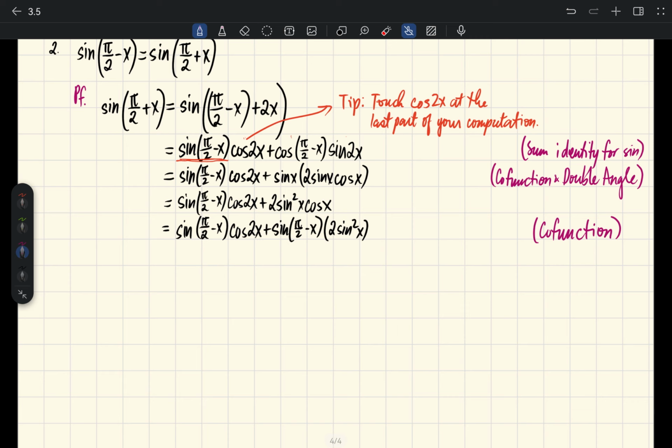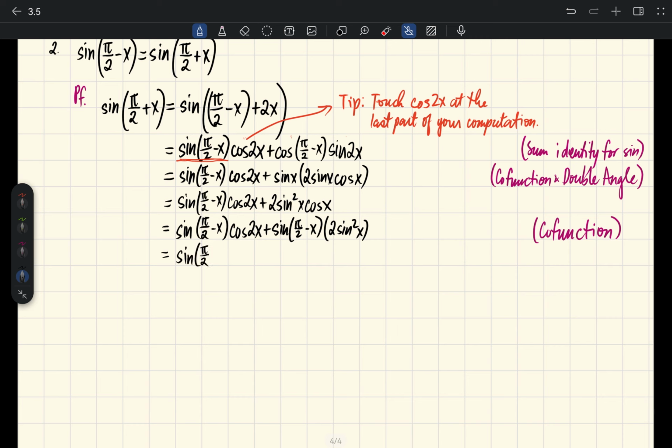Why did we do that? We did that since on the first term, you have sine of pi over 2 minus x. So what we just did, we kind of forced the two terms to have a common factor, which is sine of pi over 2 minus x. So we can factor that one out.